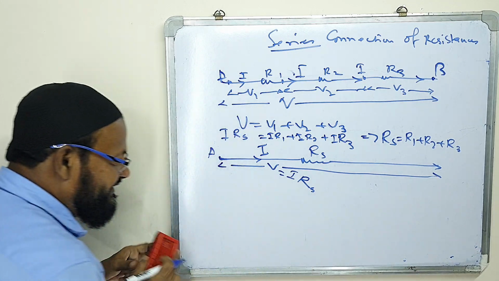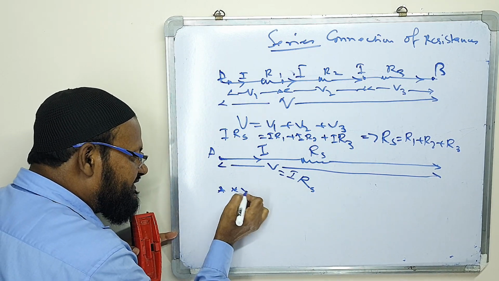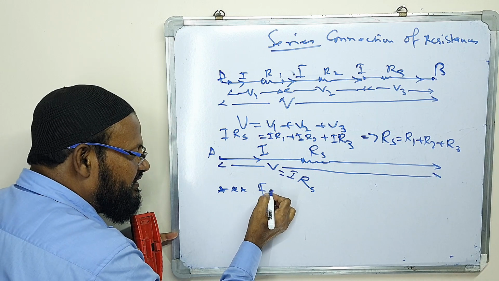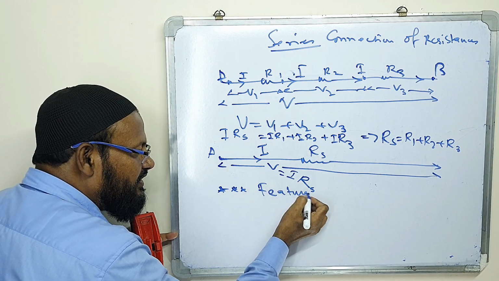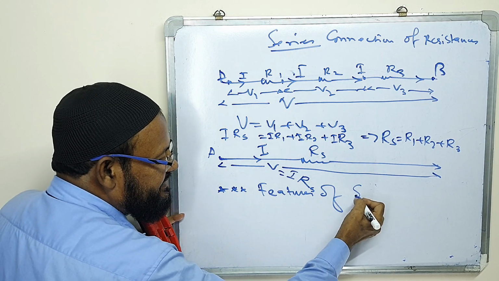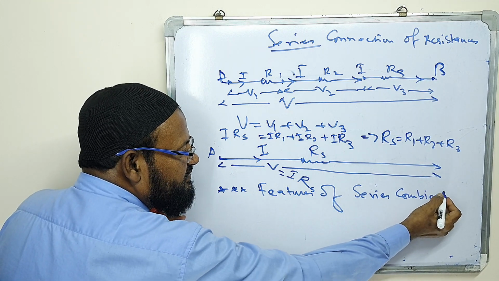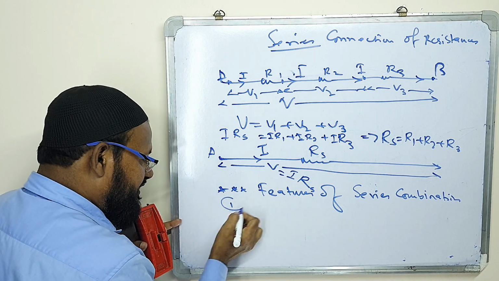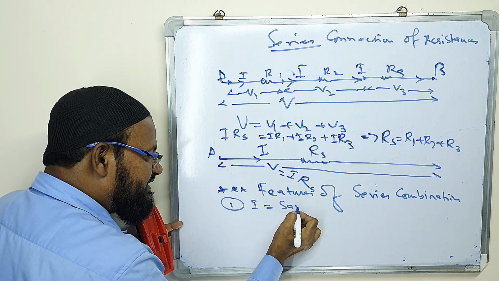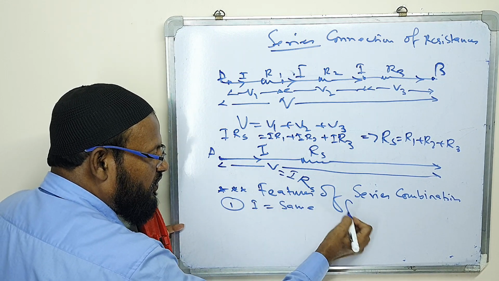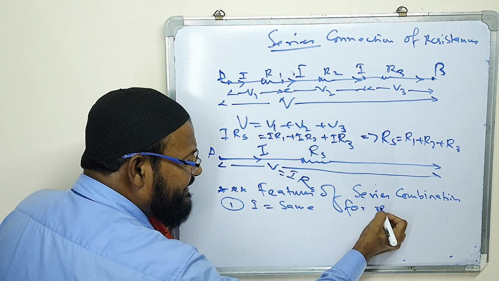Now, please write down this: features of series connection or combination. First thing, I is the same for all resistances.